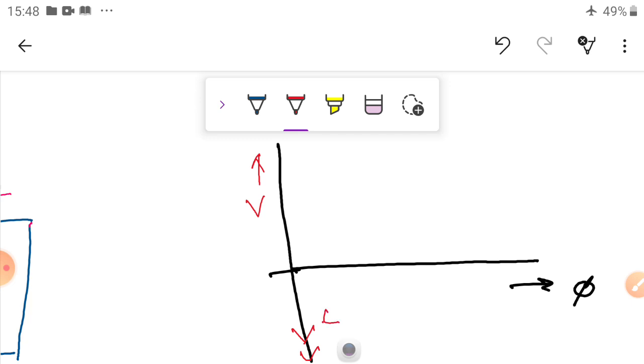Whatever the induced voltage is, it is here only. So I can write that this is E1 and this is E2.